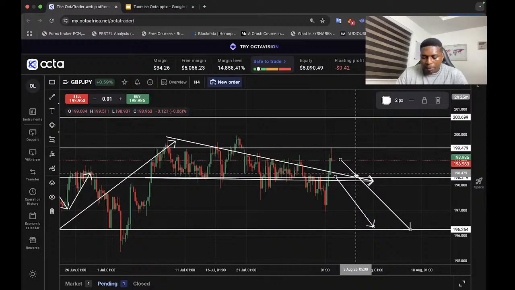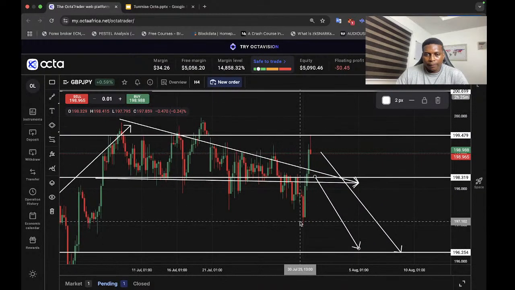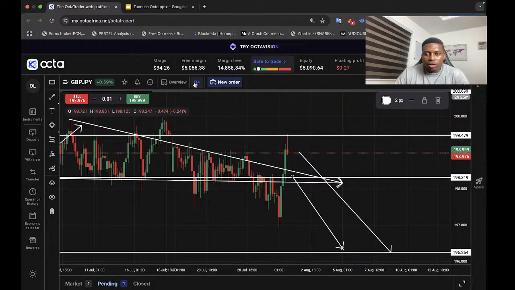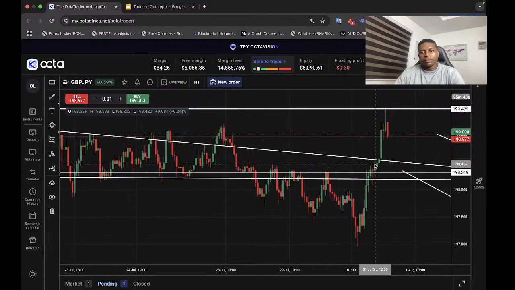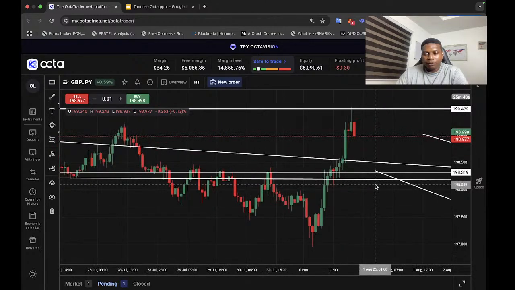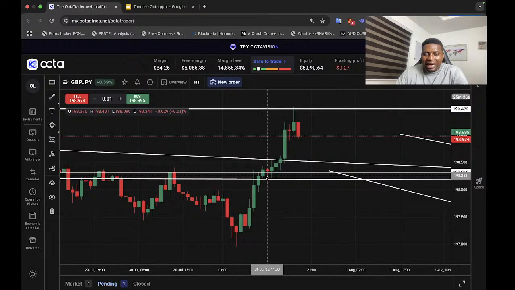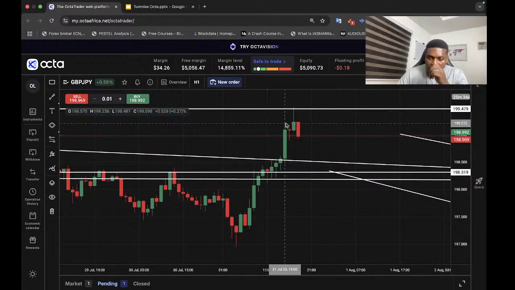All right, good. So now let's go down to the 1 hour time frame. Looking at what we have on our 1 hour time frame, we can see that GBPJPY had a good ride on the buy trend.